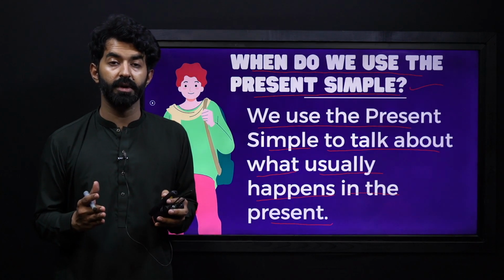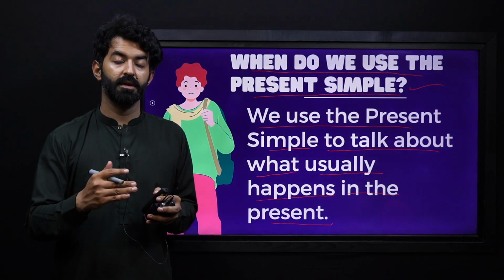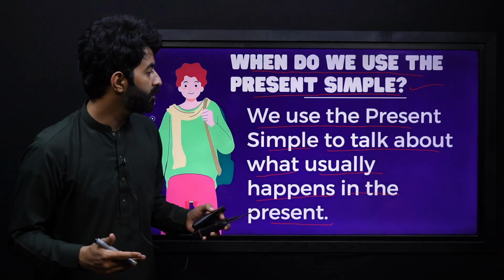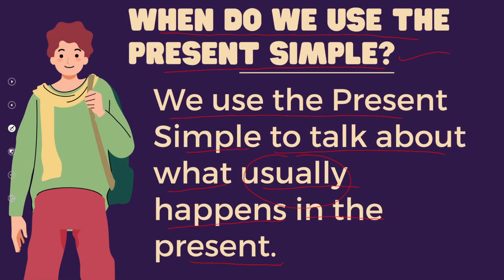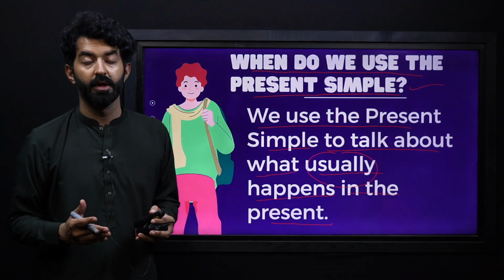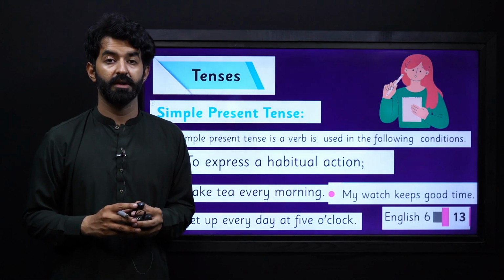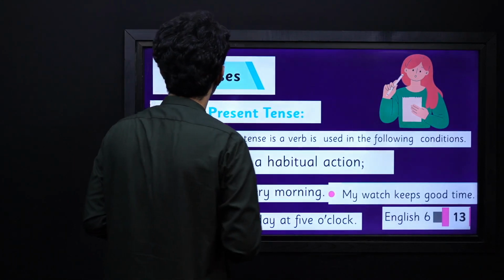And most importantly, things that happen on a daily basis, or what usually happens, like a daily routine. We talked about it. So now let's learn the lesson and learn some definitions from your book, which is from page number 13.